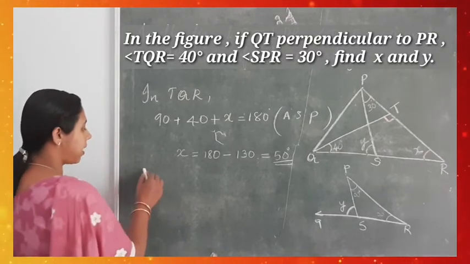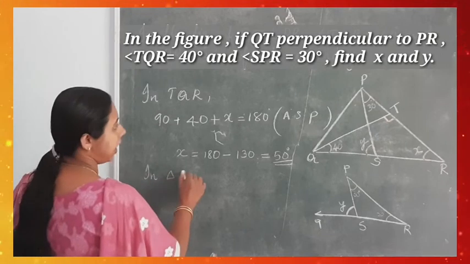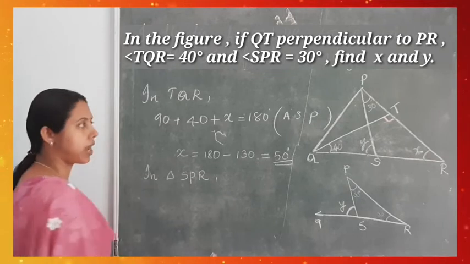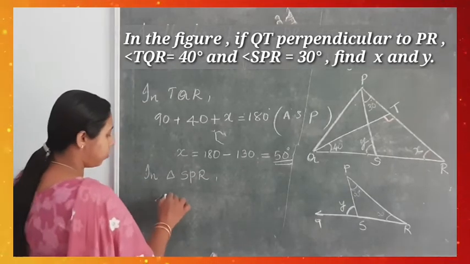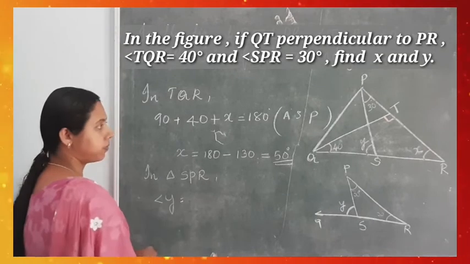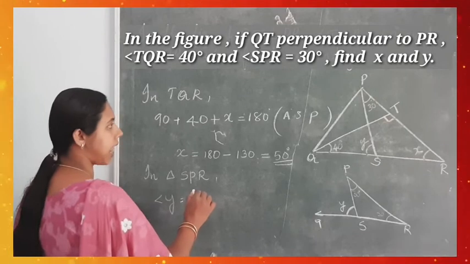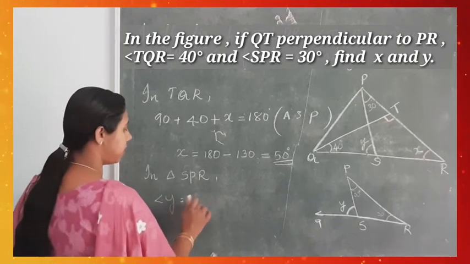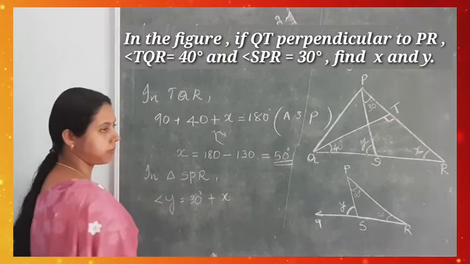So here we can write, in triangle SPR, angle y is equal to angle SPR plus angle PRS, or you can write 30 degrees plus x.